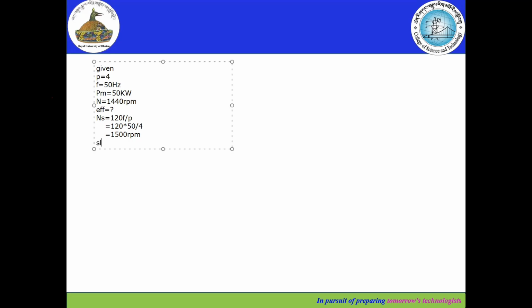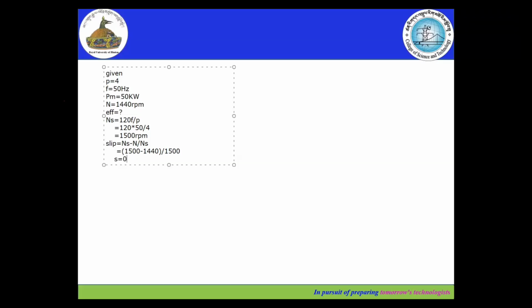So slip is equal to Ns minus N divided by Ns. From above we got Ns as 1,500, right? Minus 1,440, divided by 1,500, which gives 0.04.